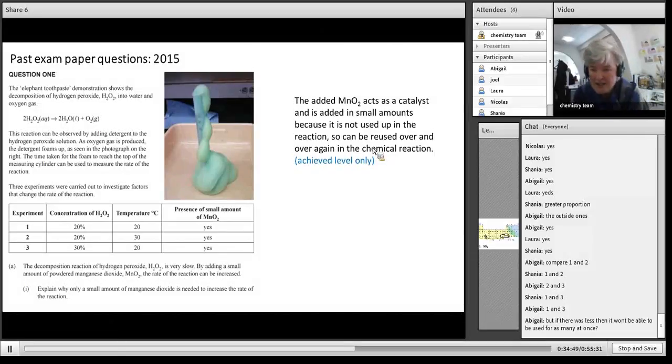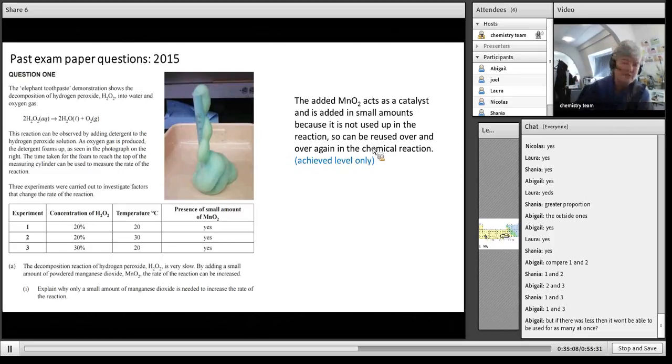So Abigail, you said, but if there was less, then it won't be able to be used for as many. Yep, that's true, but because the catalyst normally speeds up a reaction so much, it's like that tunnel.